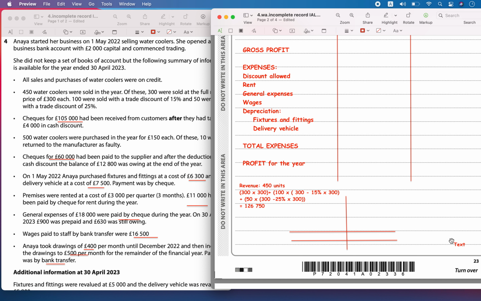So you can make a T account to understand this. You can prepare the trade payables account, wherein 75,000 were the purchases for the year.